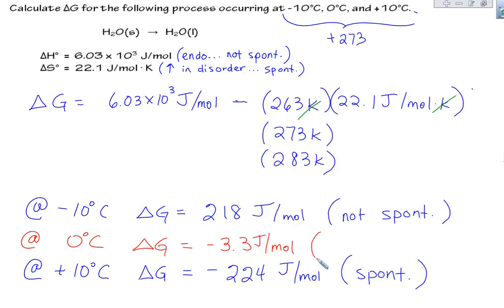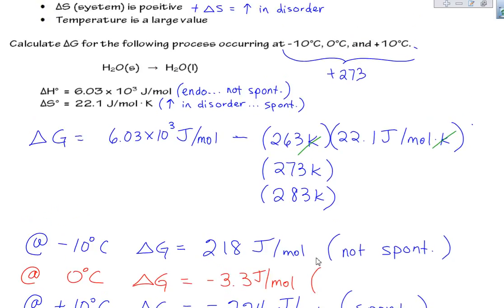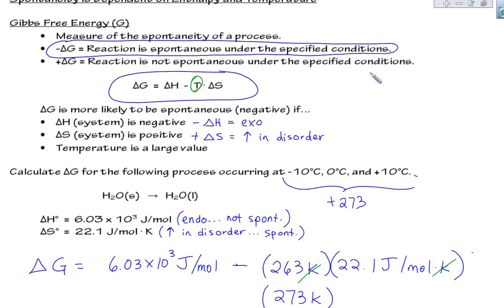Okay, well, guess what? This kind of follows what I would expect. If delta G is negative, it's spontaneous. Anything above 0 degrees, we should be melting. Positive delta G, we are not spontaneous.